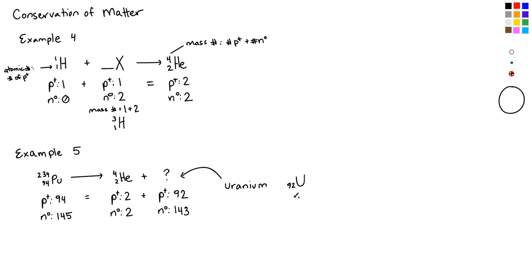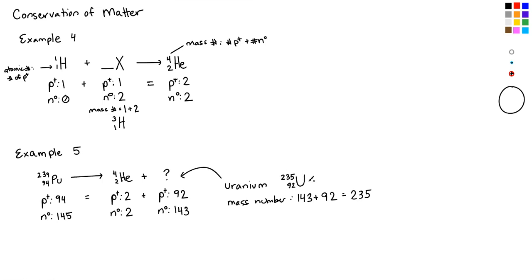And my mass number needs to be these 2 numbers added up, right? So let me just write my mass number must be 143, which is my number of neutrons, plus 92, which is my number of protons, to give me 235. Let me write that in, 235.